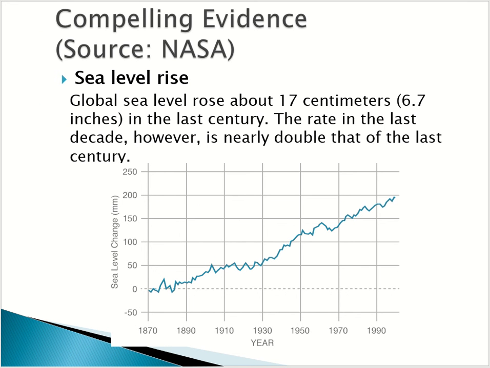So one way that is manifest is in sea level rise. Sea level rise has been on a somewhat constant increase, and this comes from two different things. The main source for sea level rise is melting glaciers.